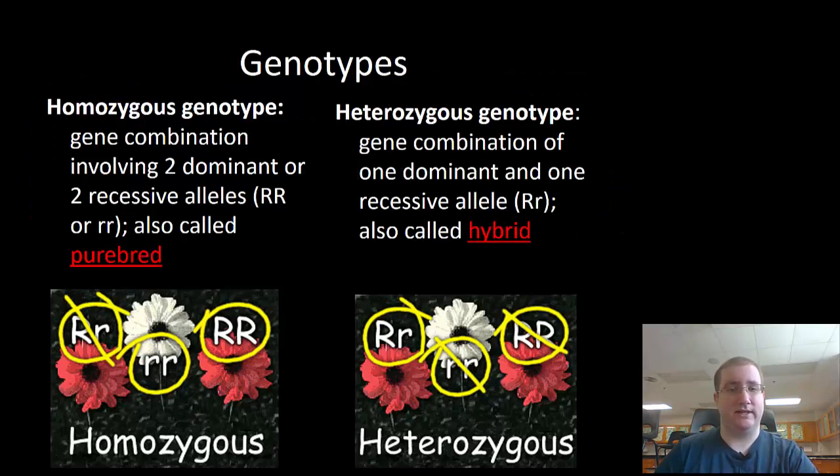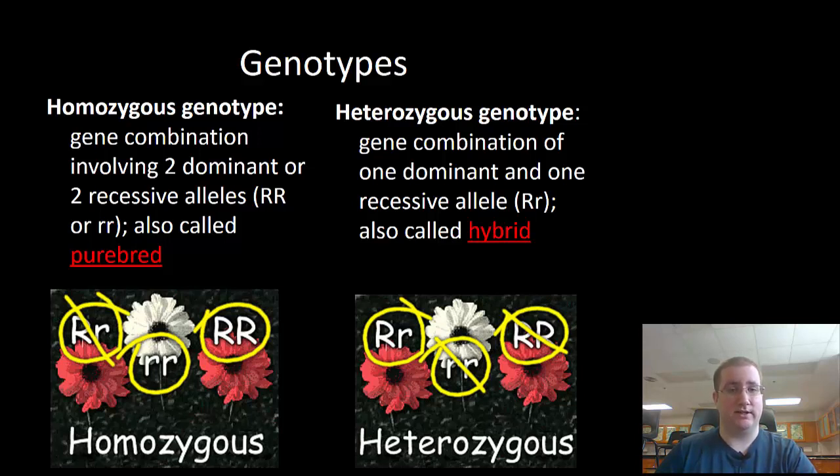And these genotypes can be homozygous or heterozygous. So homo means the same. So homozygous means you have two copies of the dominant gene or two copies of the recessive gene. So you can be homozygous dominant, capital R, or homozygous recessive, lowercase r. Homozygous is also known as purebred.